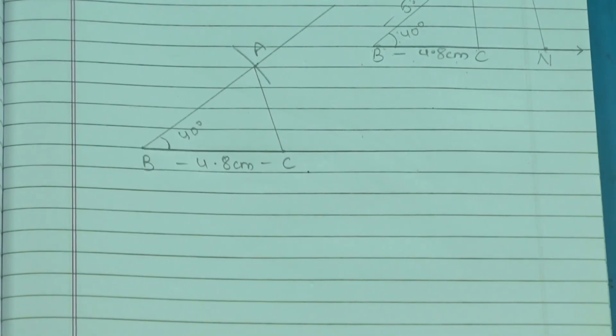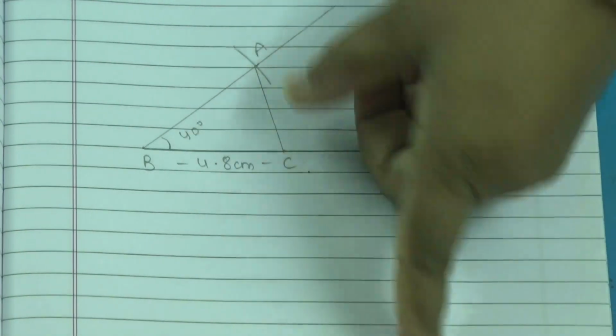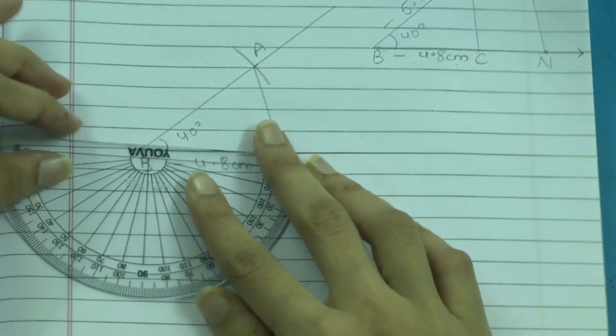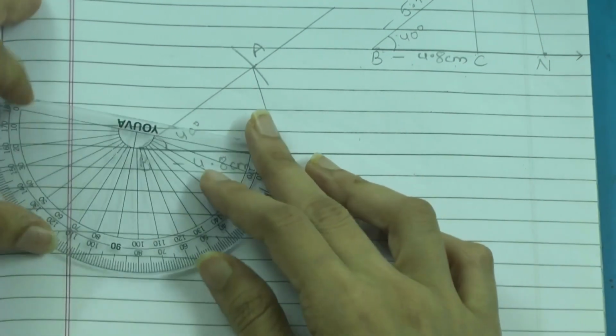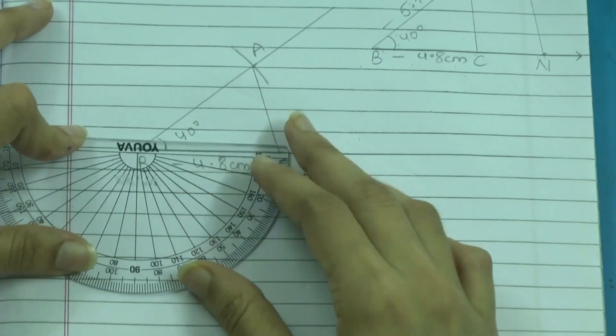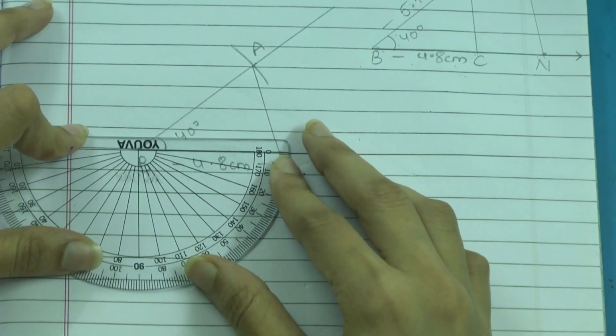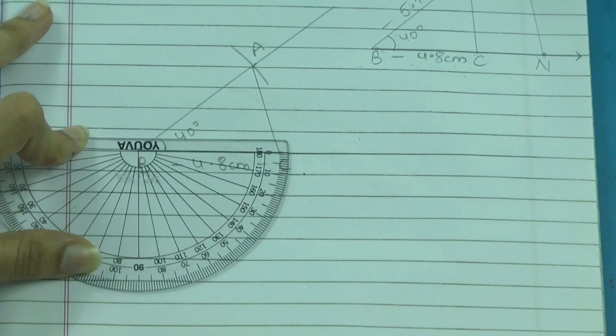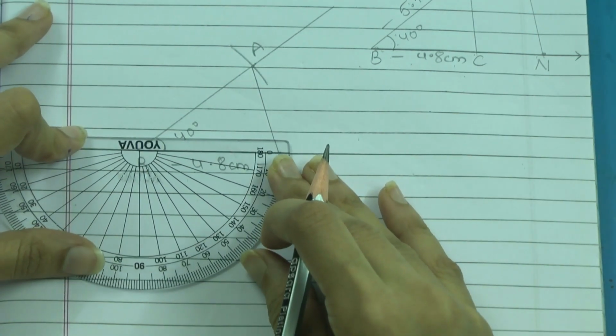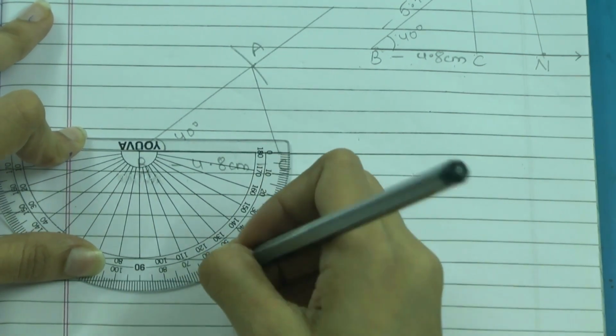Draw line X below BC at any angle, as we have done previously, say 60 degree. Mark it.